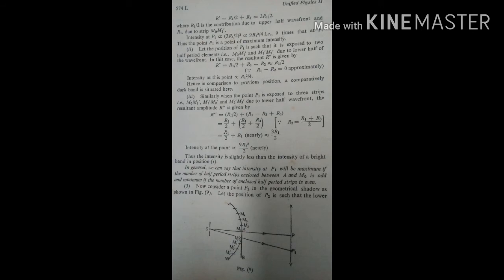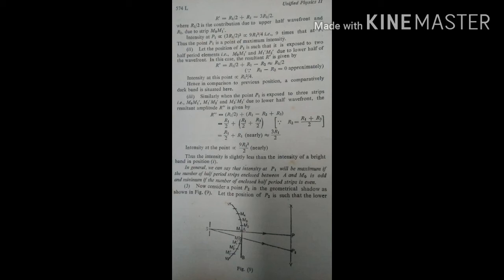Let R1, R2, R3, etc. be the amplitudes of the waves sent by half period strips A, M1, M1', M2, M2', M3 and so on at point P. The resultant amplitude R at P will be R = R1 − R2 + R3 − R4 + ..., that is R1/2, since alternate strips are out of phase by π. Hence, intensity at P is directly proportional to (R1/2)².